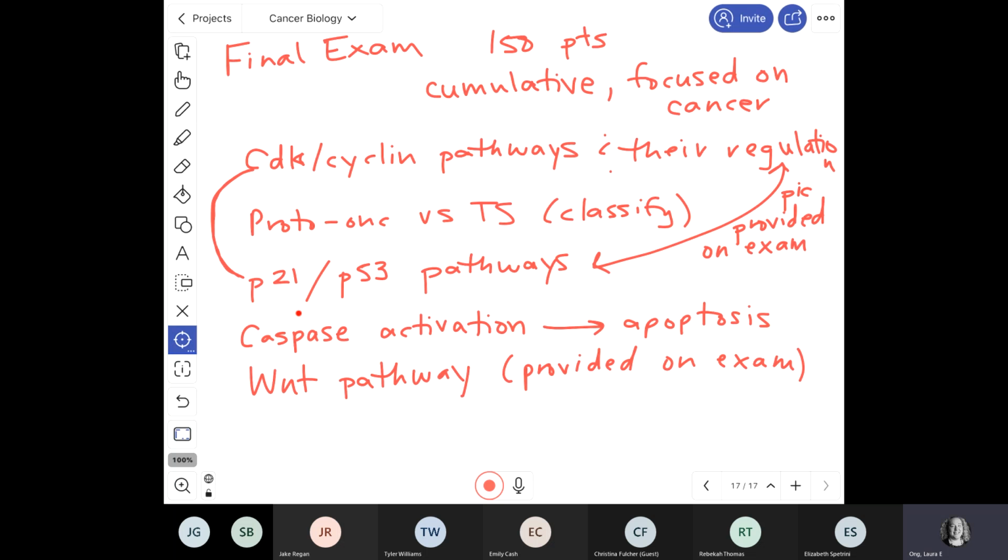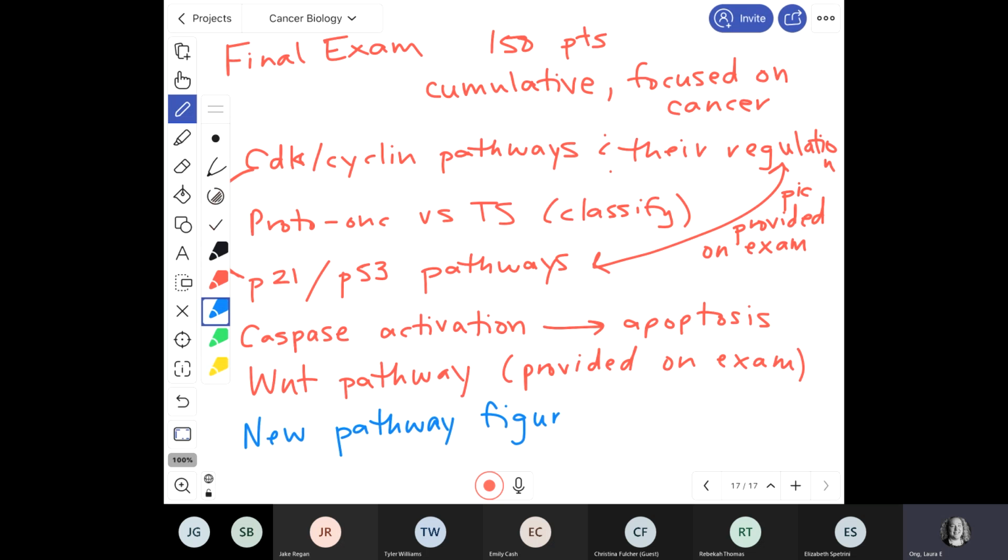Something else that I do on this particular exam is that you will have a new pathway that you haven't seen before. There's a figure of a new pathway that we haven't studied that you need to interpret. It's a cell signaling pathway, and it leads to cell proliferation, but it has proteins that we have not studied before.